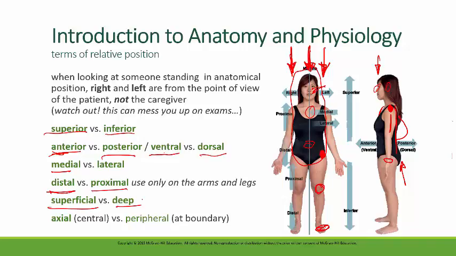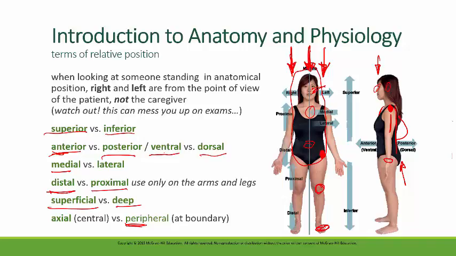Then last of all, the last term of relative position is to describe something as either axial or peripheral. When things are peripheral, they're out at the perimeter. So if you think perimeter with peripheral, that means they're out toward the edges, while axial means toward the very center of something.